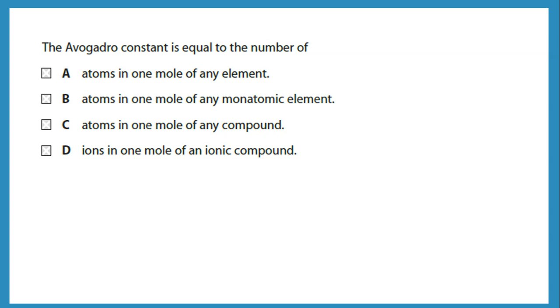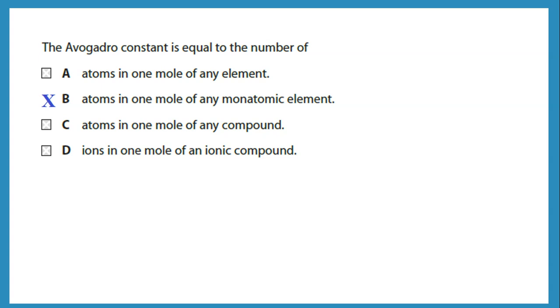Next question: the Avogadro constant is equal to the number of which of these? Again, remember, we said the Avogadro constant is either the number of molecules in 1 mole, or the number of atoms if we have a monatomic element.